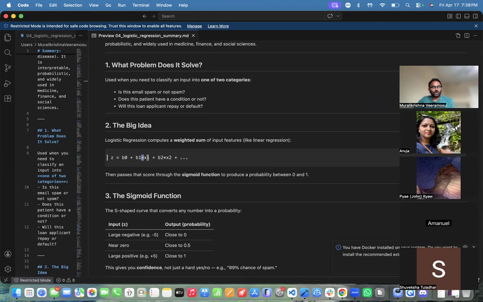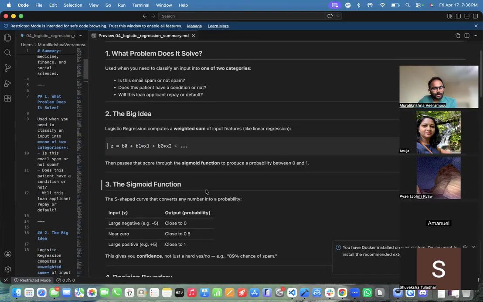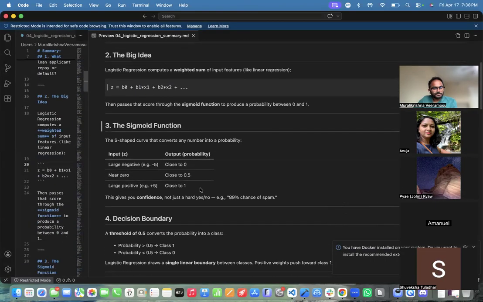So Z is B1 x1 plus B2 x2 plus B0. And then you apply the sigmoid function over this Z in order to get a binary output, or binary classification result, right?